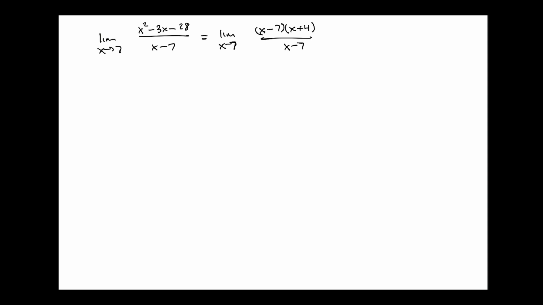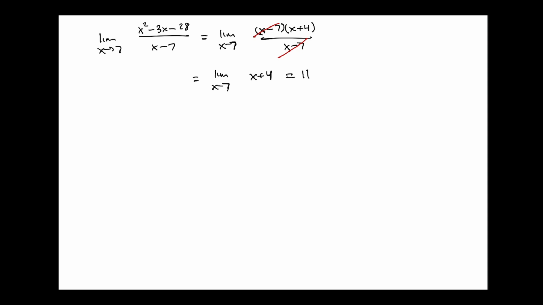What's so brilliant about the way that numerator factored? The x minus 7s cancel, and so now we're just taking the limit of x plus 4. Now can we just plug in? Yes. And in this case, we get 11. Essentially, the function that we started with, that fraction, and the function x plus 4, are they identically equal for all values of x?